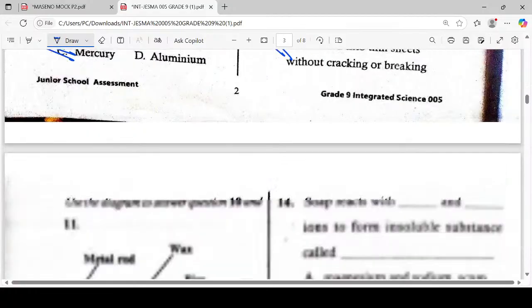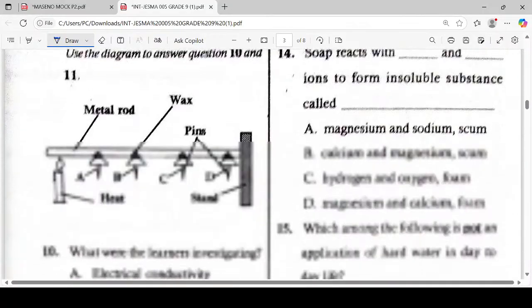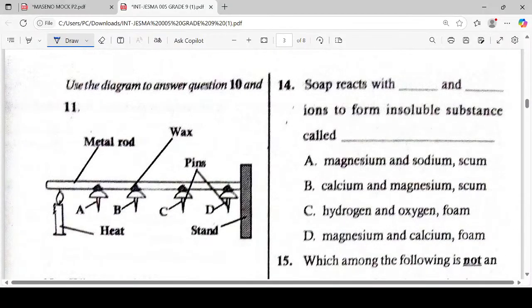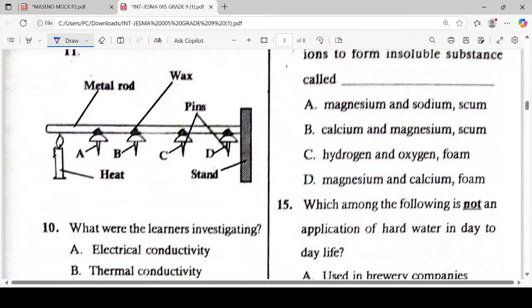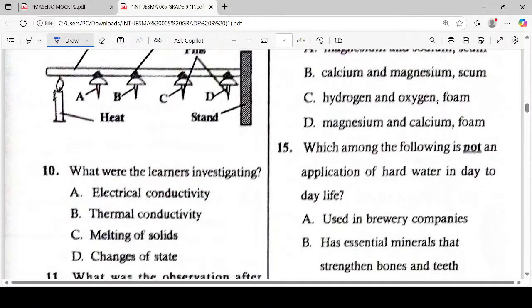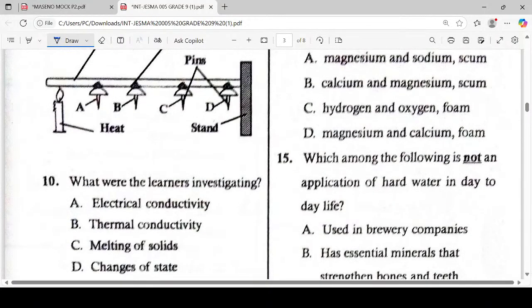Question number 11. Use the diagram to answer questions 10 and 11. Looking at this question, you can see a stand, a metal rod. You can see a source of heat. Pins are attached by wax to the metal rod. Then the question is, what are the learners investigating? Electrical conductivity? No, we don't have anything like electricity here.